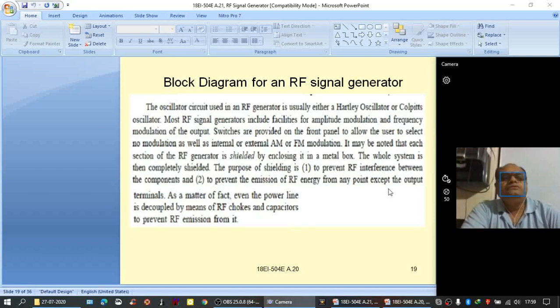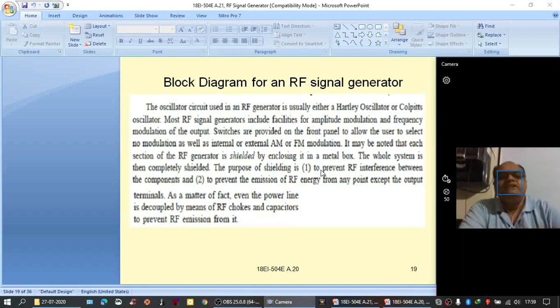So in order to do that, all shielding boxes, whatever we have placed on the different parts of the RF generator, are connected together, and they are connected to the chassis of the function generator. Chassis means the body, the metallic body or metallic box which is covering the various parts, and that chassis is connected to the earth.